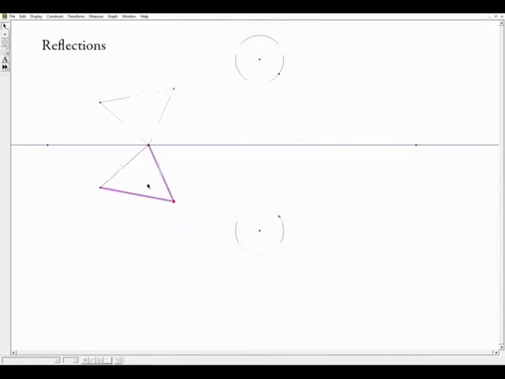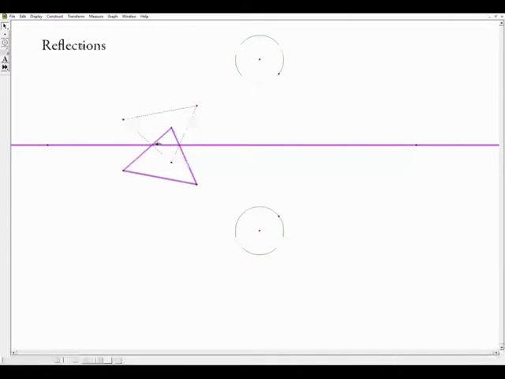That can be a useful way to figure out if you're doing things right, because if your shape crosses the mirror line, like here's my original shape, that triangle, where it intersects the mirror line you have these points right there and right there. The image triangle should also intersect the mirror line at those two points if you're doing it correctly.